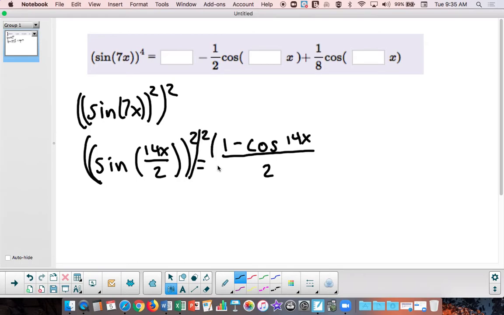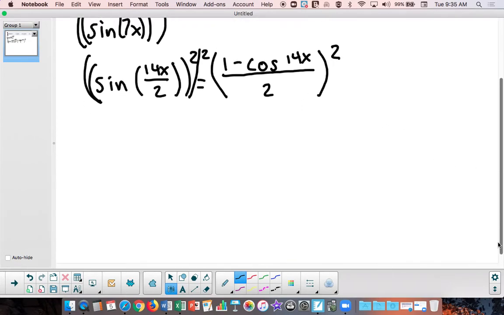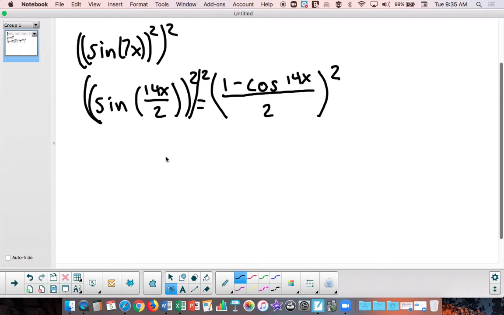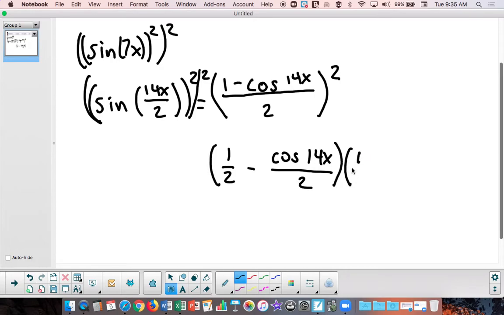Ooh. So we're looking at this squared, which from here is just kind of practice with foiling or factoring. You're going to multiply. I'm going to split that up into 2 fractions over 2, and I'm going to expand it as well so we can kind of see what's going on.